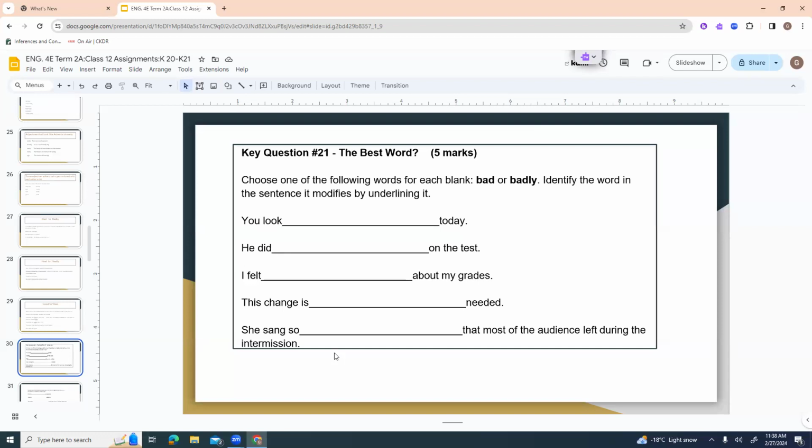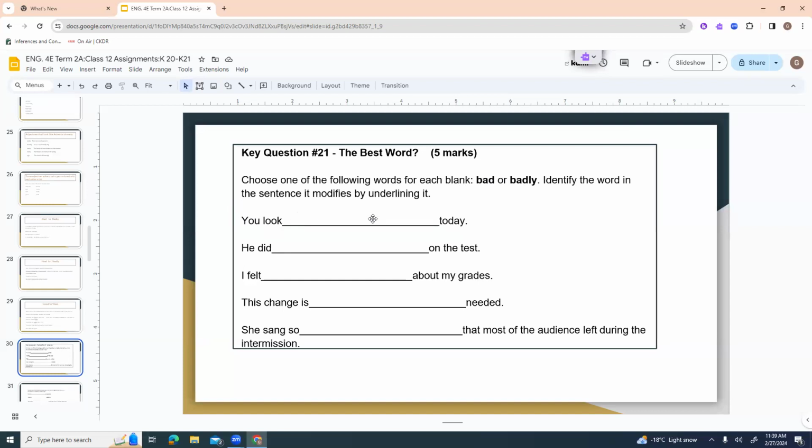All right. In this one, the look is describing the you. You is looking bad. So the bad is an adjective in that sense, and it's describing the you. It's not about they're looking badly, like they can't see or they're not looking carefully. The bad is definitely describing the person.